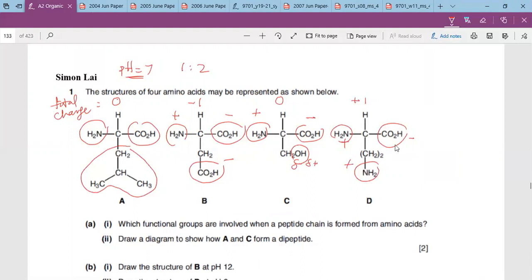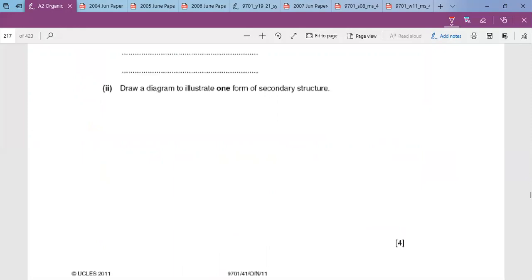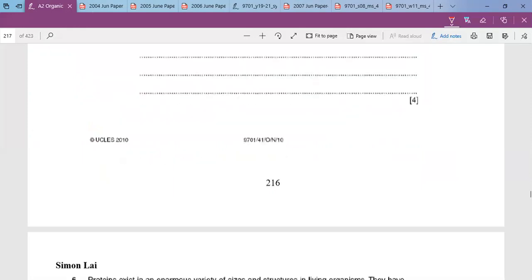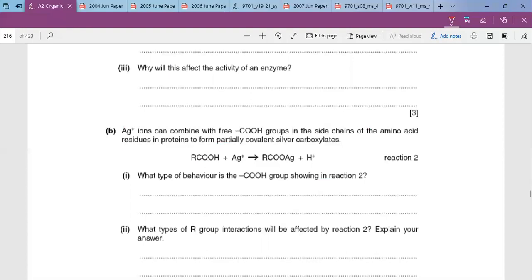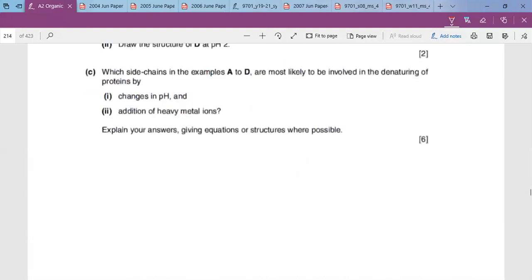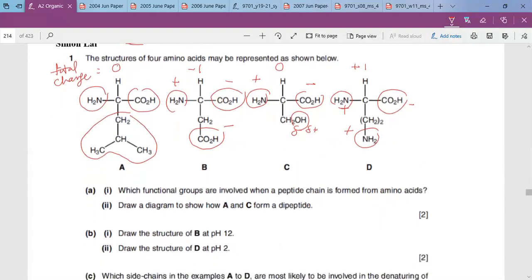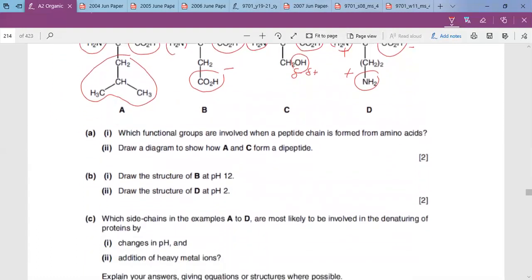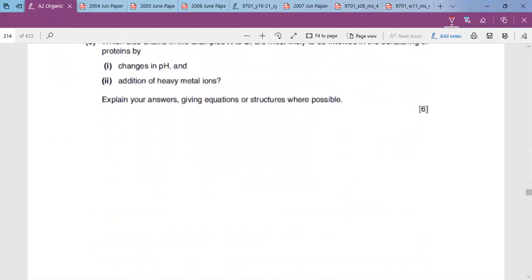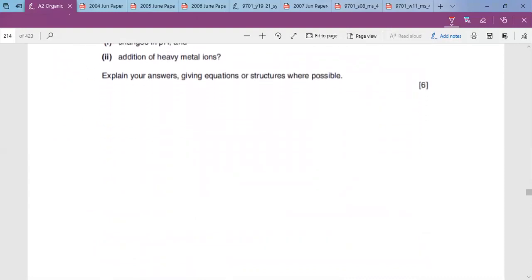Alright, I'm going to draw it down here. Let's try a bit slower. Here, A, of course, I can just draw like that.